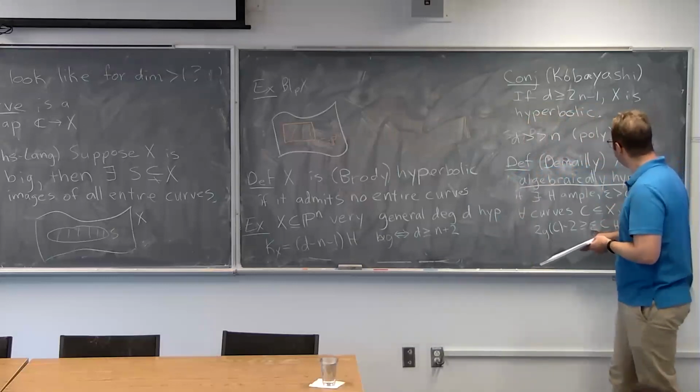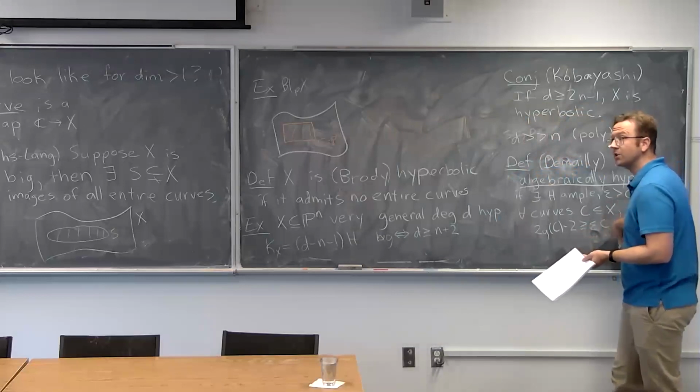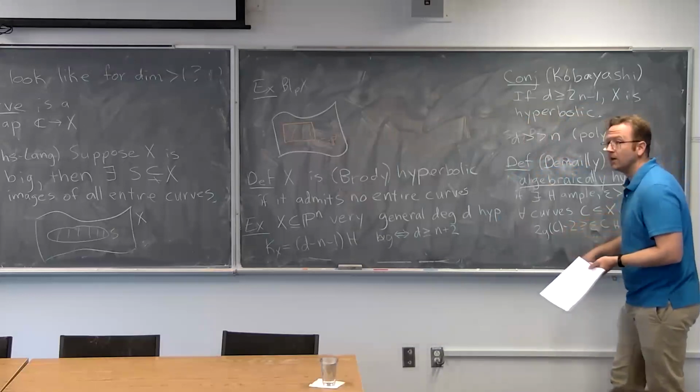And what it's saying is, if you have a curve that has large degree, the genus must be large.